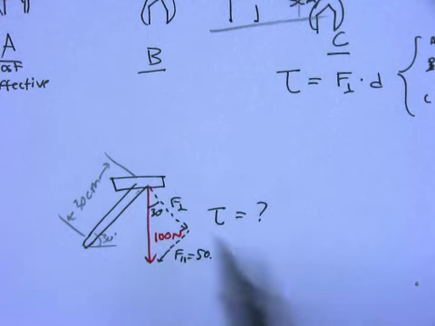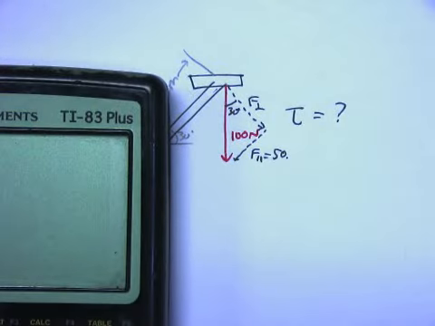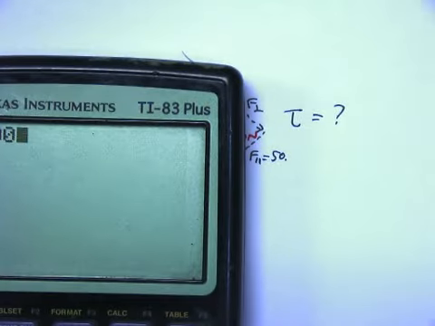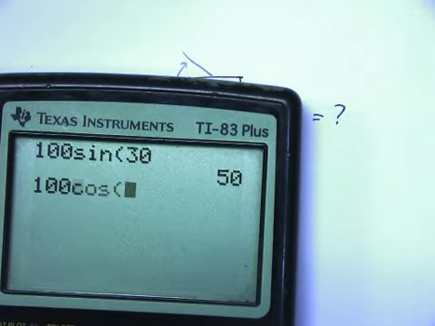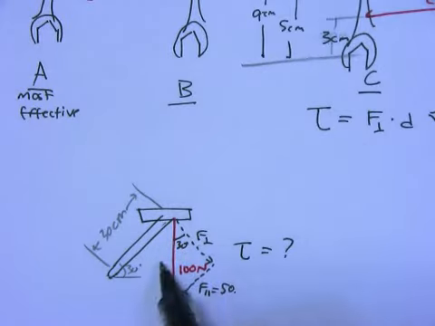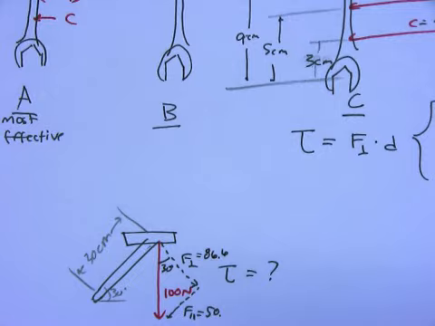And then I'm just going to take 100 times the sine of 30, and that's going to be 86.6, I believe. Oh, I'm sorry, 100 times the cosine of 30, 86.6, because the cosine is the adjacent over the hypotenuse. So this is going to be 86.6.